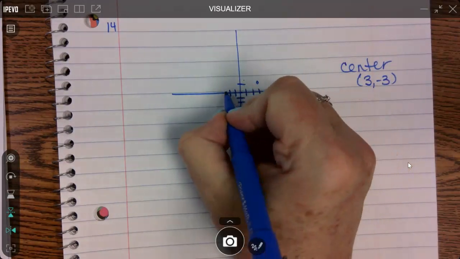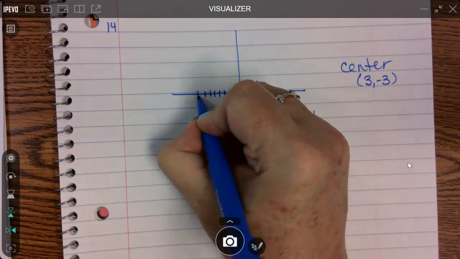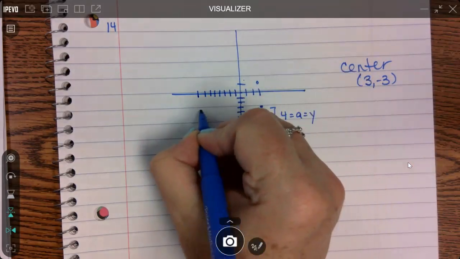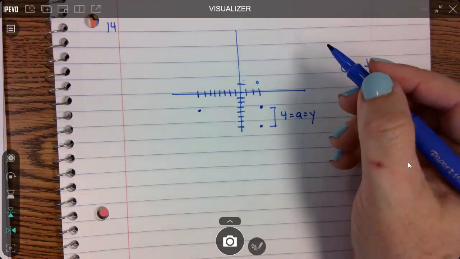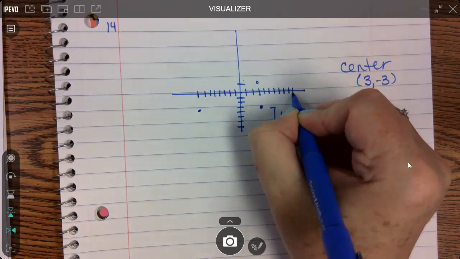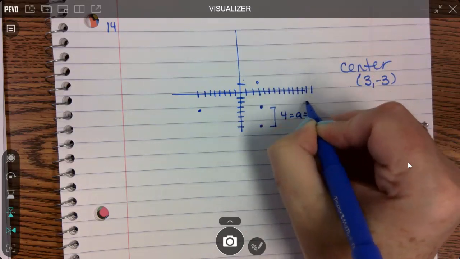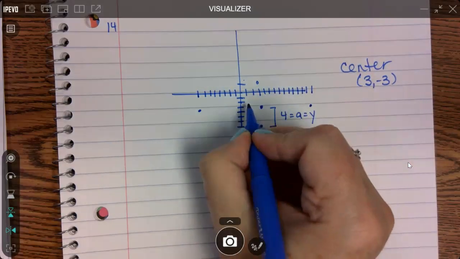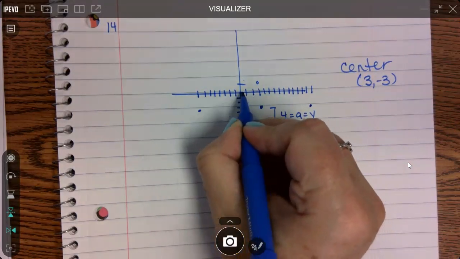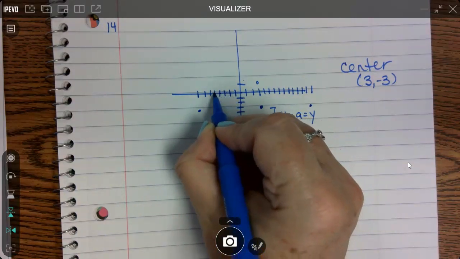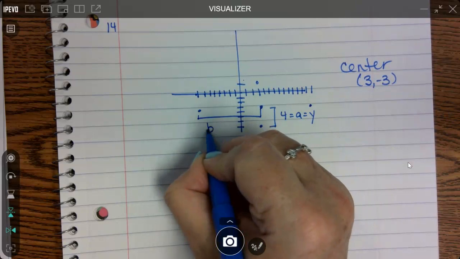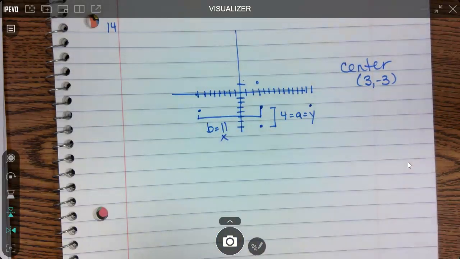So 1, 2, 3, 4, 5, 6, 7, 8. 1, 2, 3. If we count from the center dot over, 1, 2, 3, 4, 5, 6, 7, 8, 9, 10, 11. So from here to here, B is 11, and it'll be X.